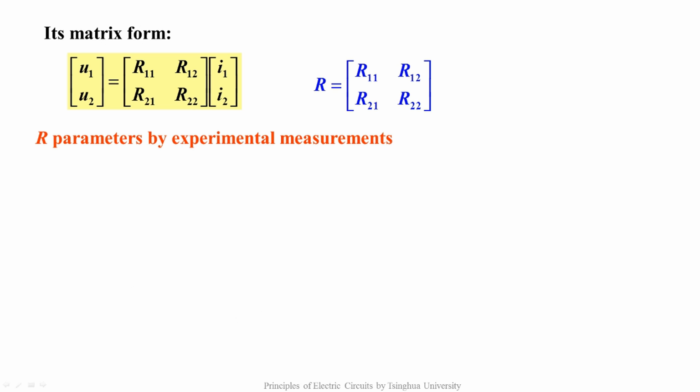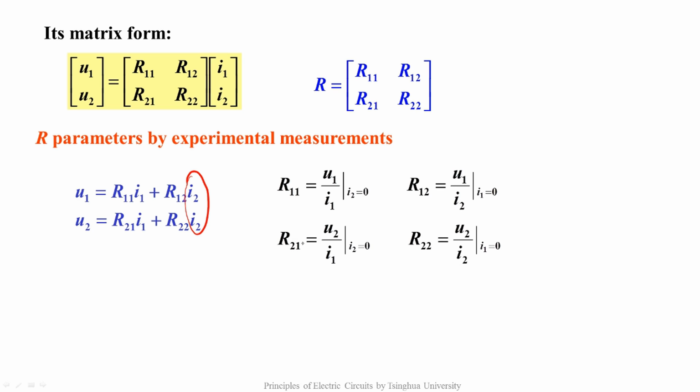Now we introduce a method to find the R parameters. Of course, we can find it by experimental measurements. This is the R parameter equations. If I2 equals 0, that is port 2 is open, then R11 equals U1 over I1, and R21 equals U2 over I1.